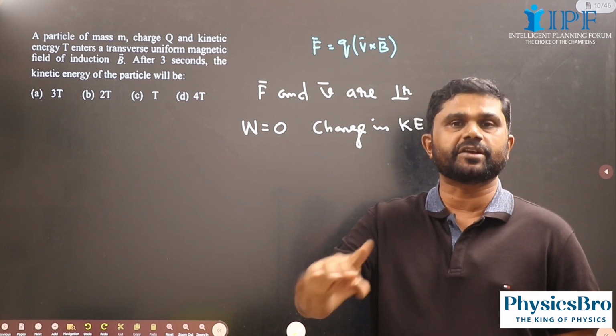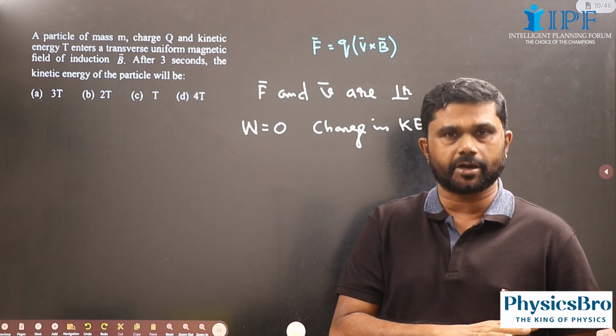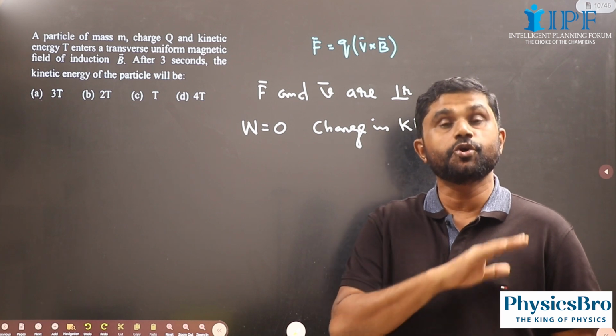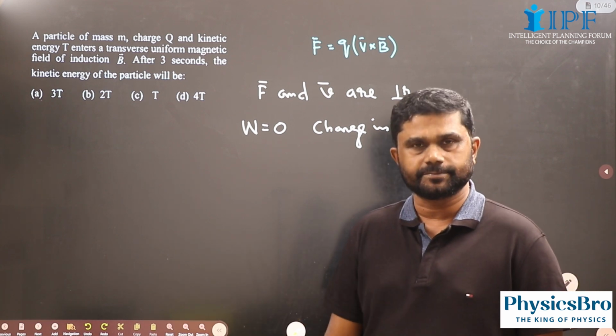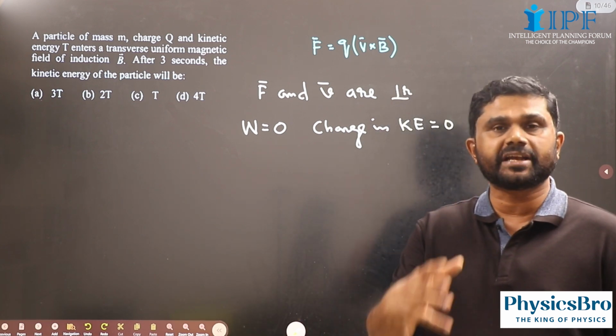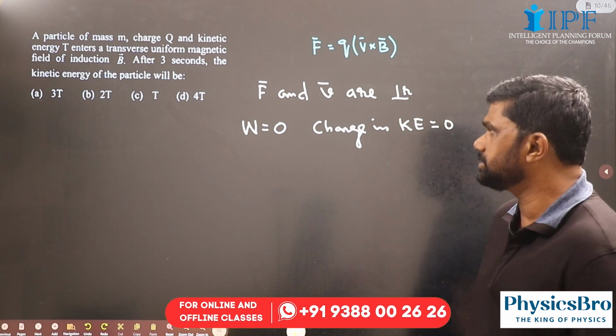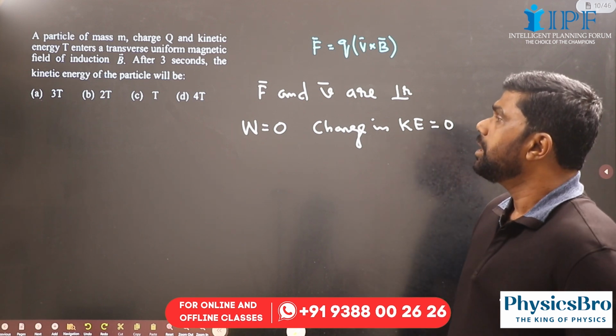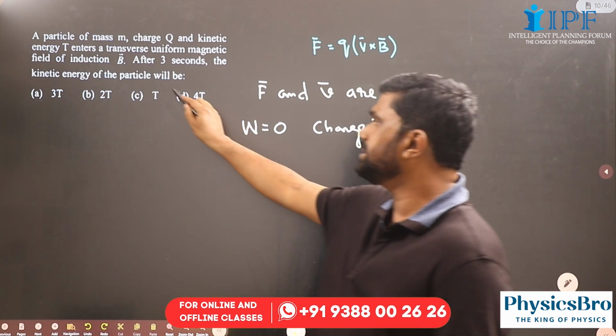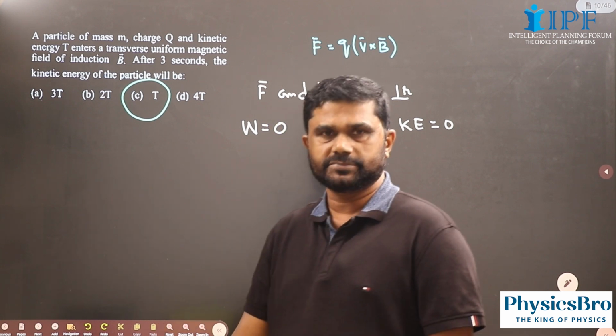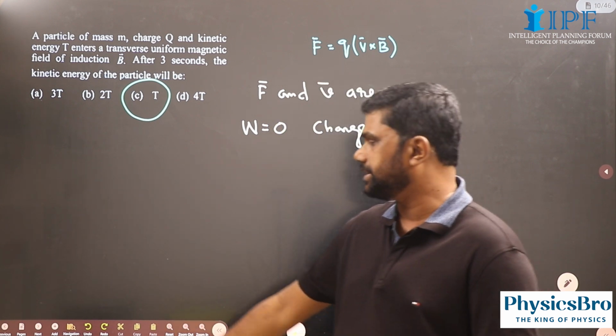So at any moment, force and displacement will be perpendicular. Work done will be 0. No change in kinetic energy. So the particle will be definitely moving with a constant kinetic energy. So after 3 seconds, its kinetic energy will be T only, same as its initial kinetic energy.